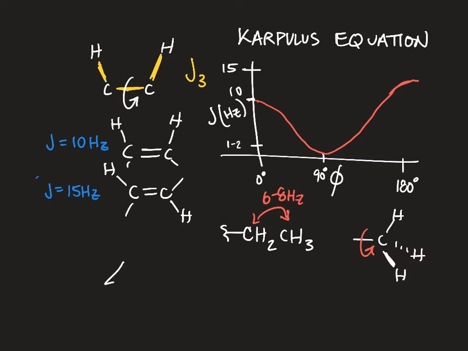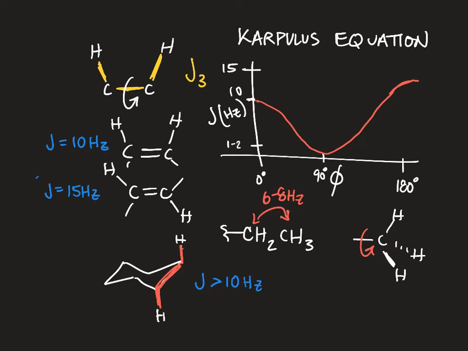The other place that we can see things that are rigid and that have importance is if we have two axial protons next to each other on adjacent carbons. That dihedral bond angle is 180, and as a result, we have a J value that's greater than 10 hertz. And the equatorial ones are smaller because you're closer to 90 degrees.